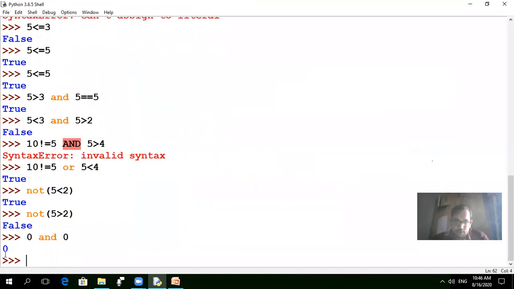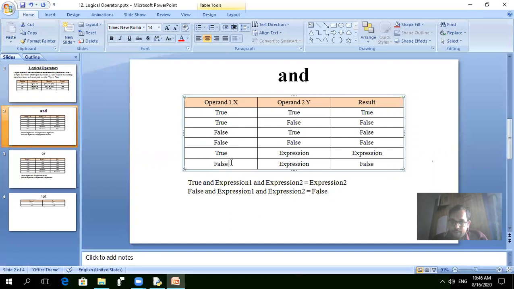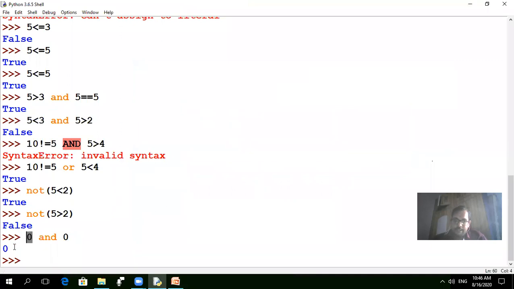False means 0. So here it came 0. 0 came, not false written, because operand 1 was false. Come back to the definition. If our first operand is false, then the result is false. So here the first operand is 0, then the result is 0.